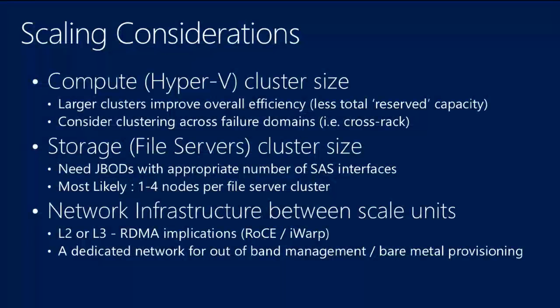Just make sure that you give this thing proper thought. And you may want to have a network for out-of-band management, like access to the BMC, et cetera, which may be a different network depending on the hardware you choose and the approach you take for networking.